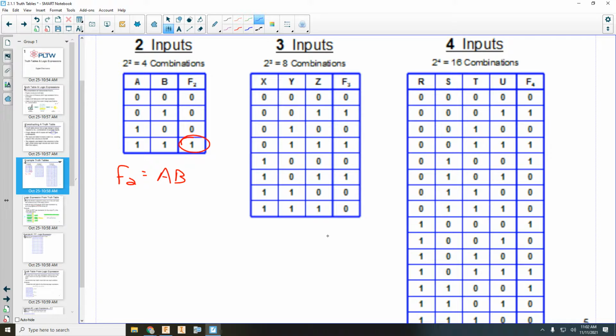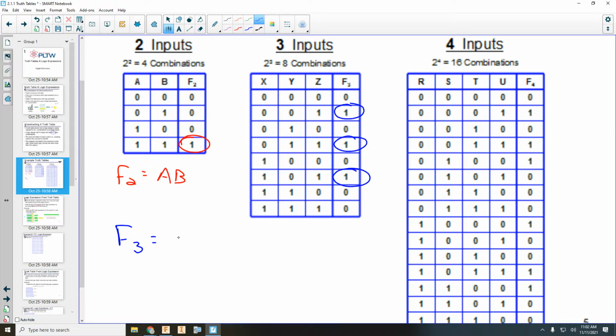If we have that next one, we won't do all of these, but we've got quite a few ones, don't we? We have 3 different ones. That was F3, not F2. They just use a subscript to make a distinction between the two. So if I look at that, X is off, Y is off, Z is on.